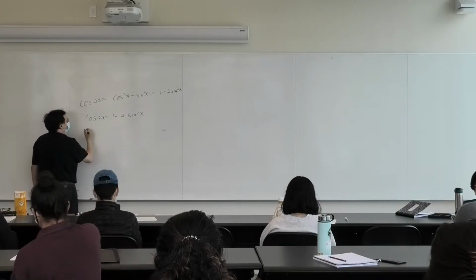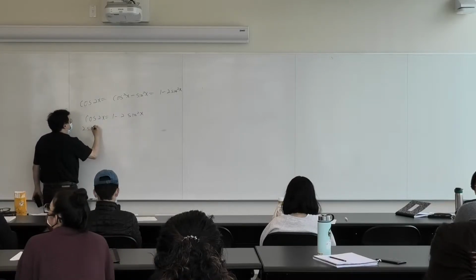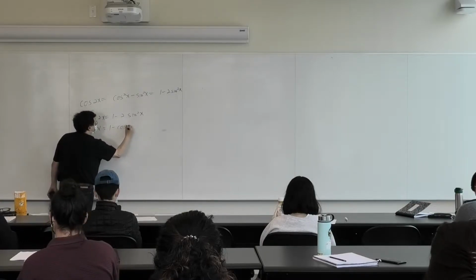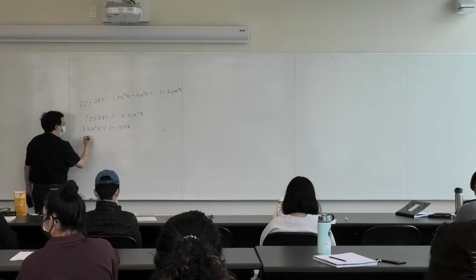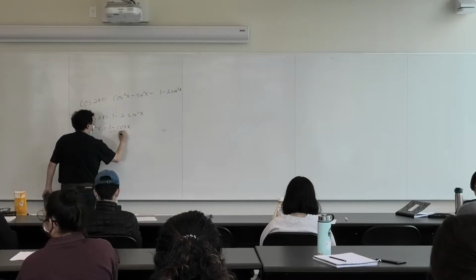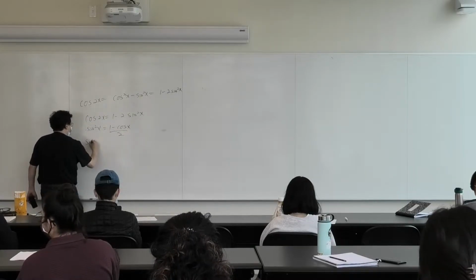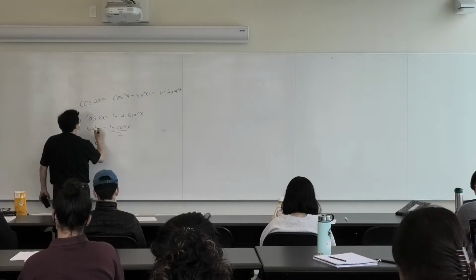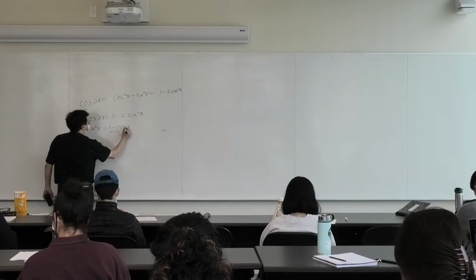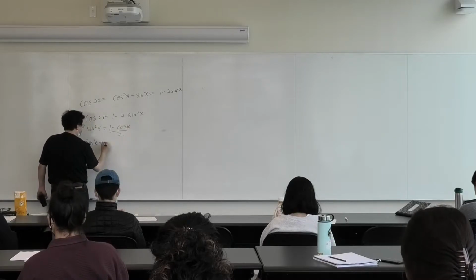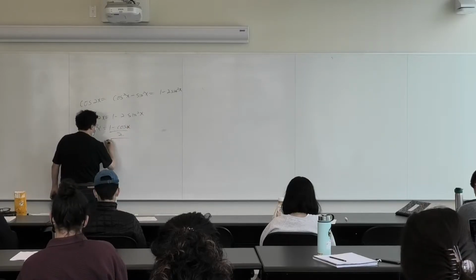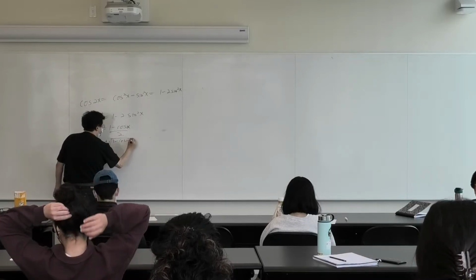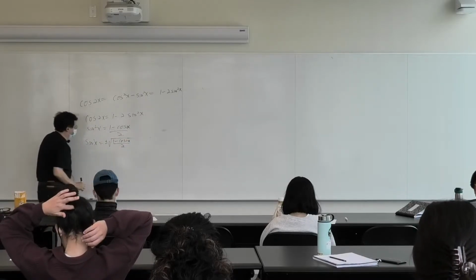So I switch these and I get sine squared x equals 1 minus cosine 2x over 2, or sine x equals plus or minus square root of 1 minus cosine 2x over 2.